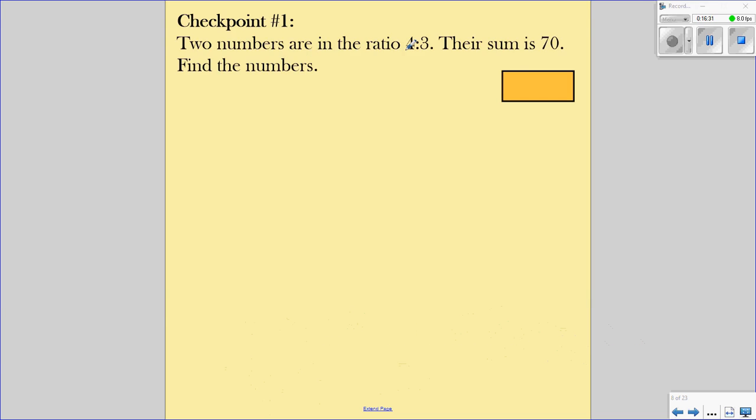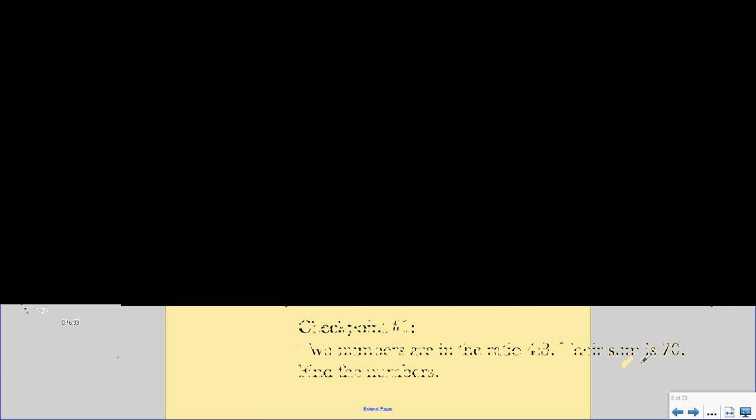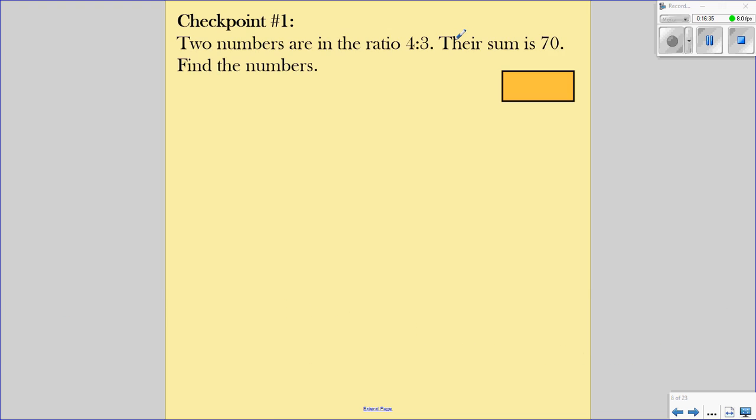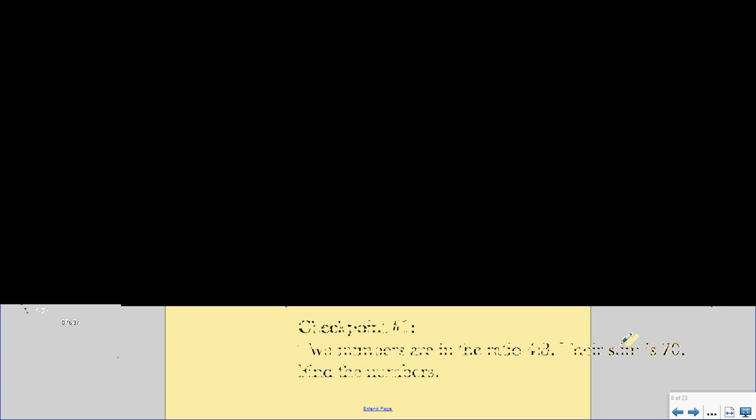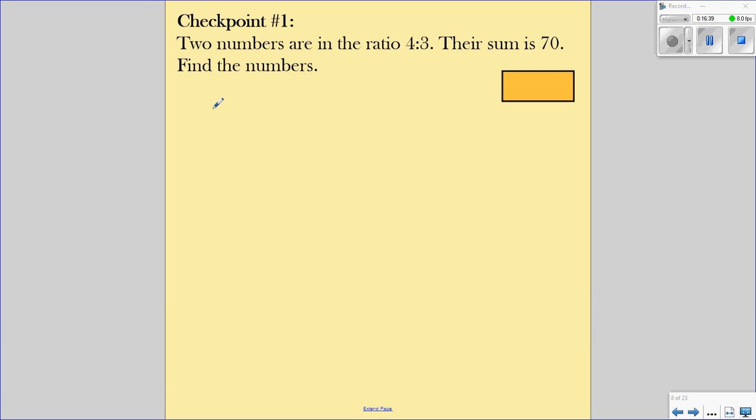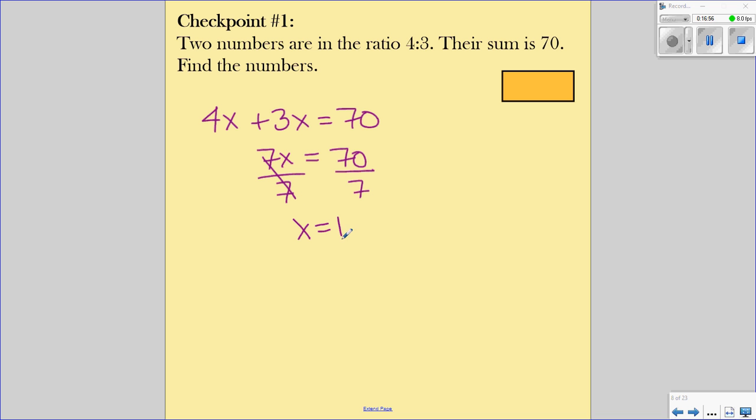Two numbers are in the ratio of 4 to 3. Their sum, so that means you're going to have adding and it's going to be the total, is 70. Find the numbers. So you have 4x plus 3x equals 70. You just set it up and then solve. Your x will equal 10, but that's just the number that you're multiplying to the ratio.